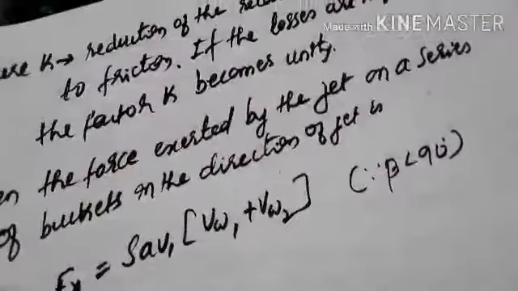So if it is 10 or 5 degree, then cos 5 or cos 10 is to be substituted here. So finally, practically, the efficiency will be 96 to 99%. Theoretically, if we assume the vanes are semicircular, for a semicircular vane the deflection angle will be 0 or 180 degree.